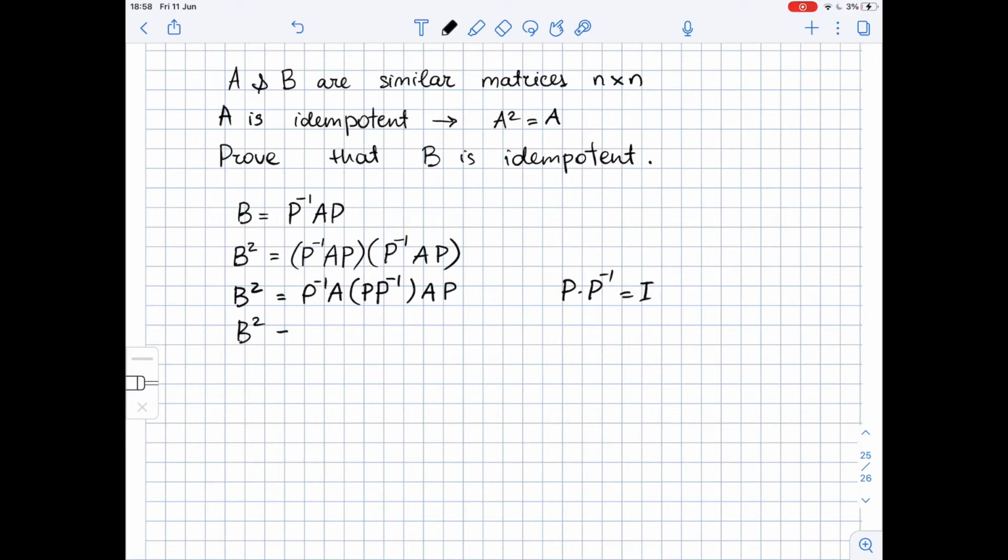So we get that B squared equals P inverse times A times identity matrix times A P.